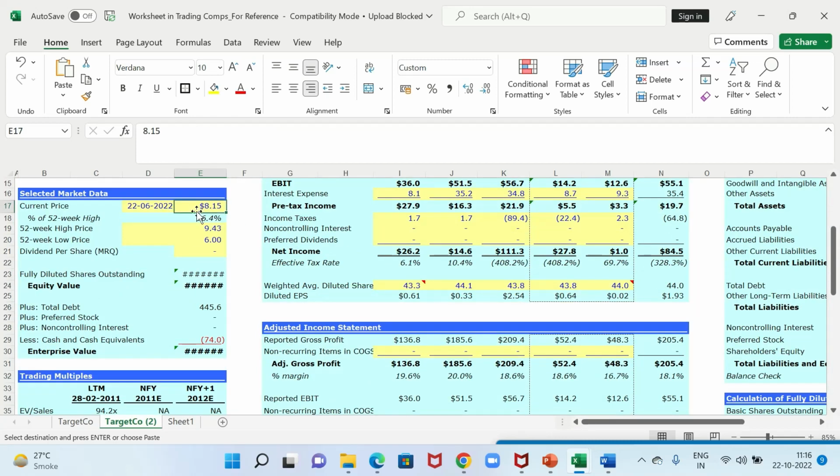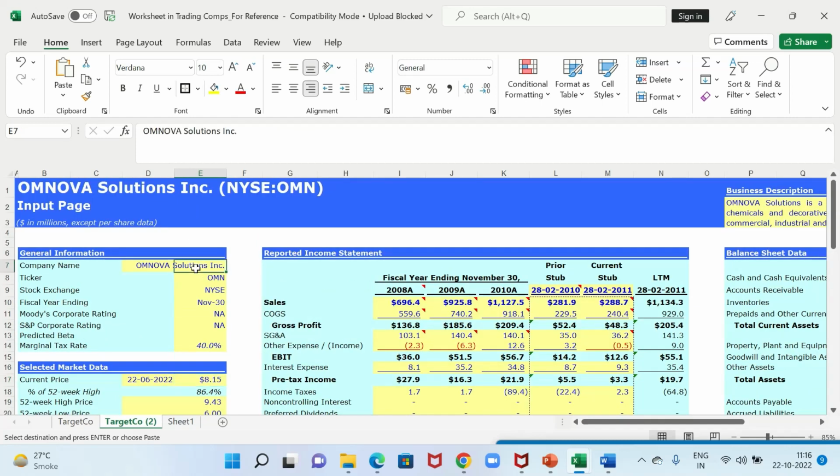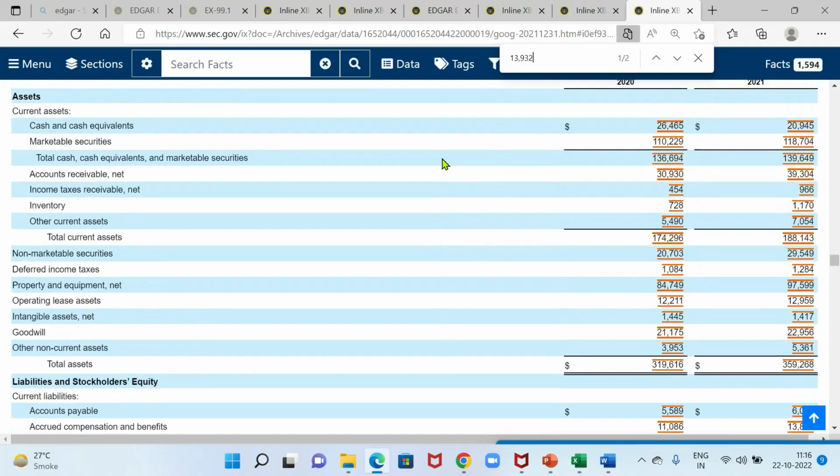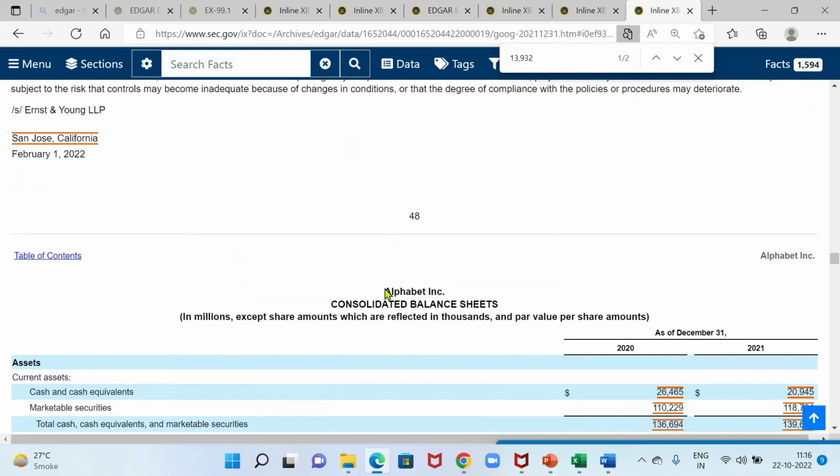Can anyone give me a quick value of MSFT? Google it around. Sorry, sir, Alphabet, 242.12.